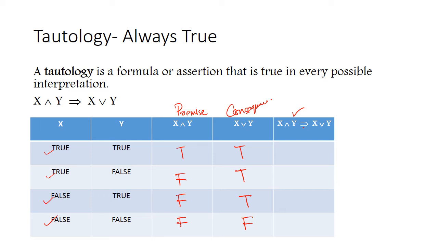So we don't have a true, false, false combination. So we don't have false in this column, so all are true. So with two propositional variables, under all interpretations or all combinations of X and Y, this is always true. So I can say that this expression or this formula is a tautology.